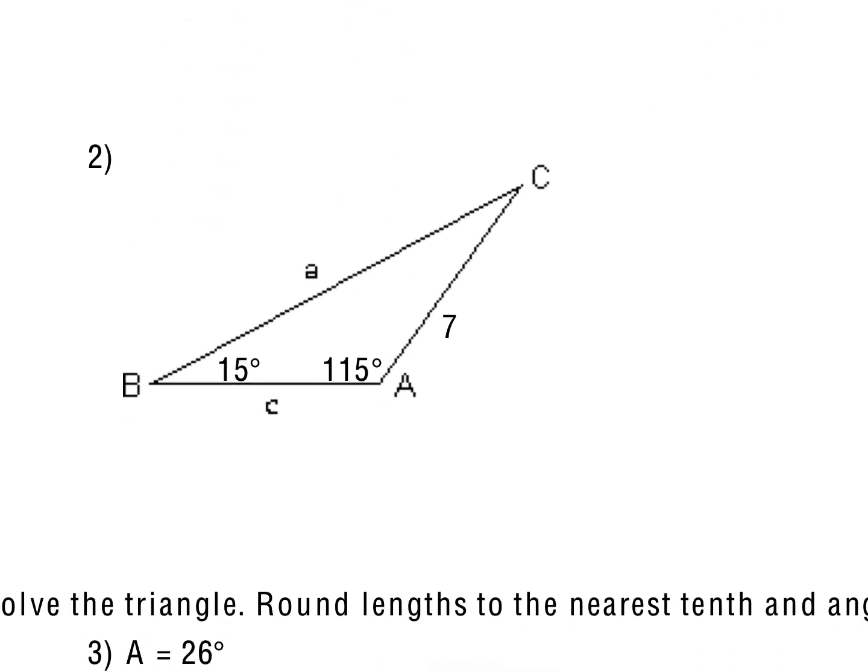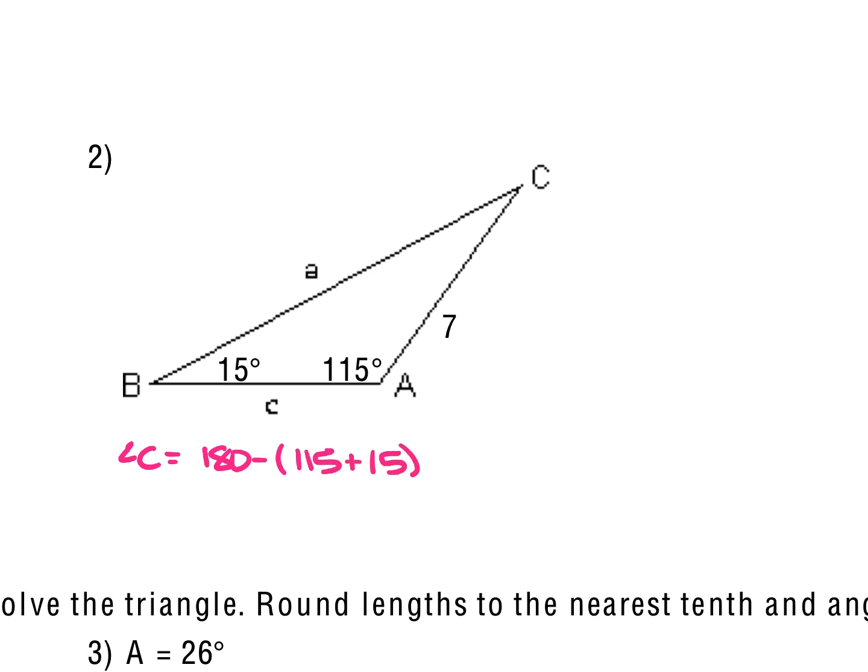For number 2, we have a triangle with side B of 7, angle measurements of 15 degrees, 115 degrees, and C. We're going to start by finding angle C. So that's 180 minus 115 and 15.